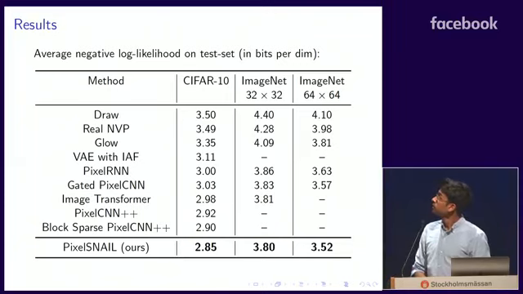Then you can see Image Transformer, which is a concurrent submission that only uses attention, no convolutions. PixelSNAIL is doing pretty well on all of those datasets, especially on CIFAR-10, which is quite a small dataset, so overfitting and generalization are quite prevalent.